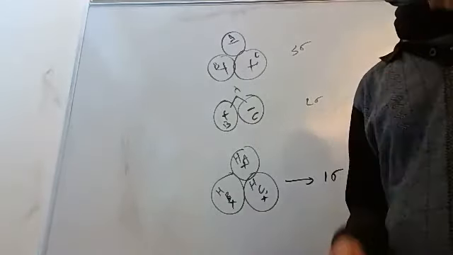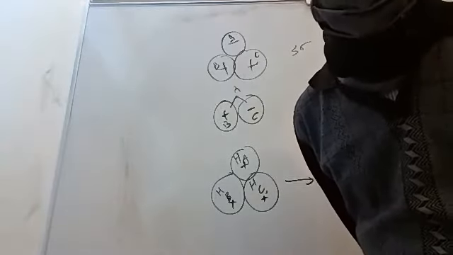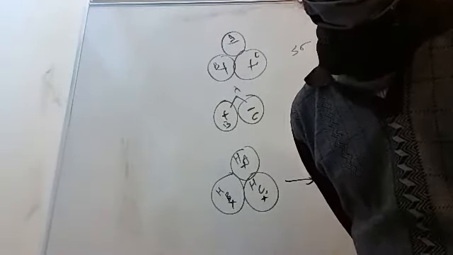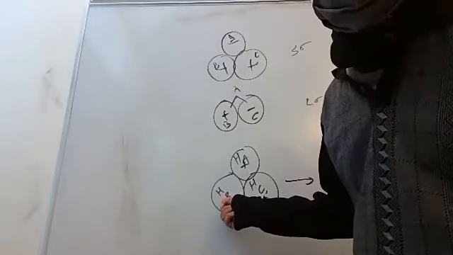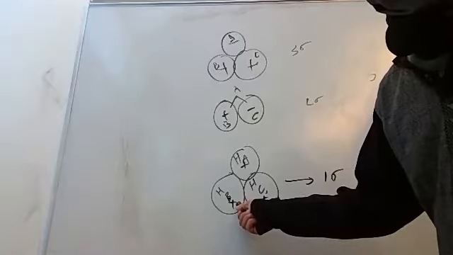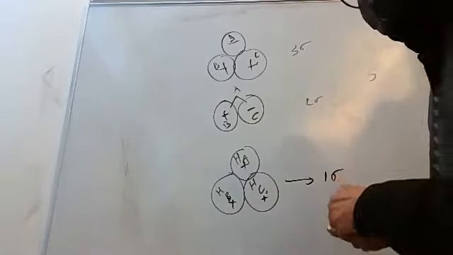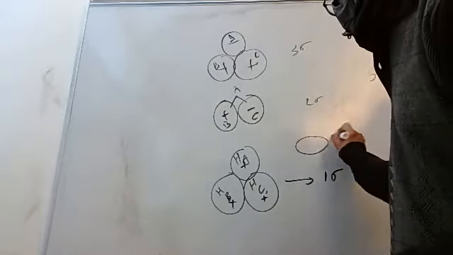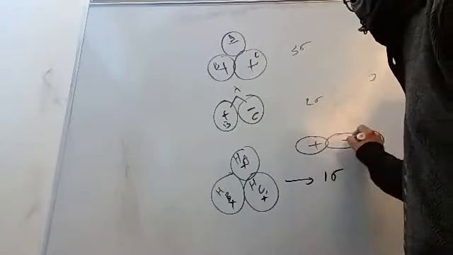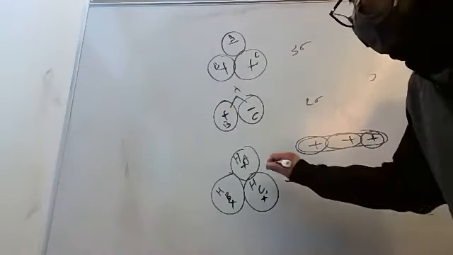Here is a small issue. A sigma is like a cylinder, right? But this does not look like a cylindrical wave function. Can you all see this one? This doesn't look like a cylinder. A cylinder should look like this, plus, plus, plus. That is a sigma bond. This is not sigma.